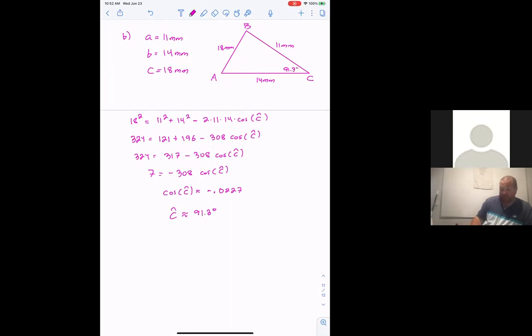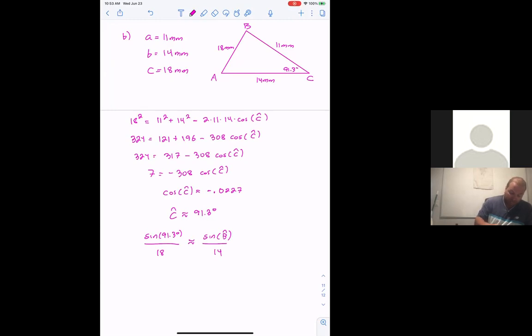Now that I have one angle, we'll go to the law of sines to find the next angle, which is B, the middle side. We're looking for an angle, angles on top. So sine of 91.3 degrees over 18 is approximately sine of B hat over 14. So sine of 91.30228894 times 14 divided by 18 gives me sine of B hat.